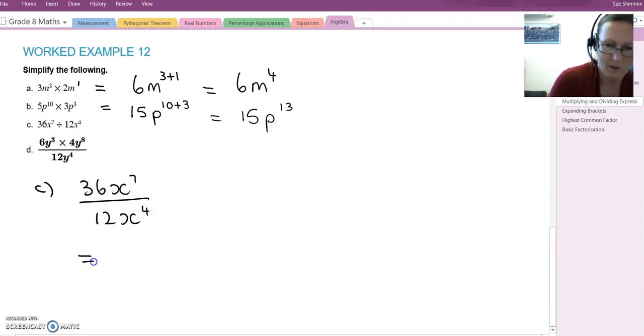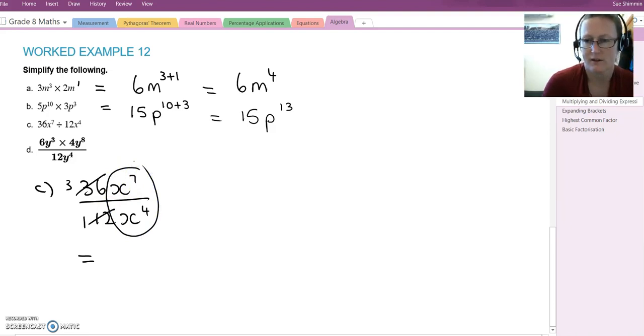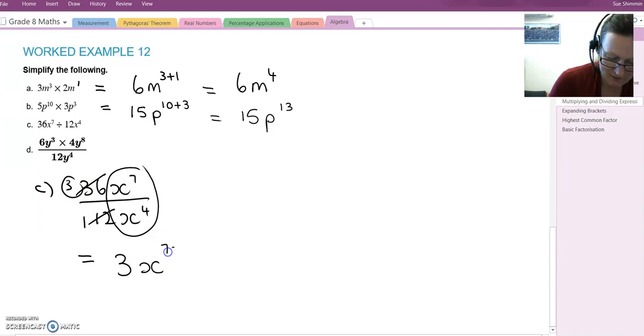Looking at our big numbers, 12 goes into itself once, 12 goes into 36 3 times. Now, both have the same base and it's a divide. What do we do to those indices if it's a divide? Your index law unit said if they both have the same base and it's a divide, you subtract the index numbers. So we write our 3, and then we write our x to the 7 subtract 4, which is 3x cubed.